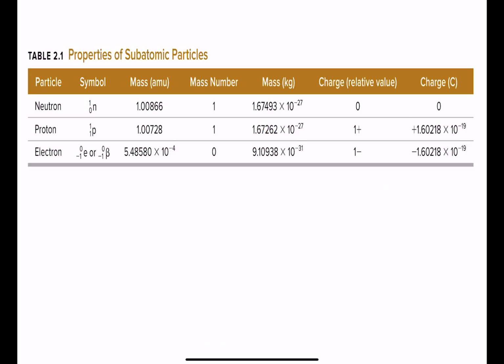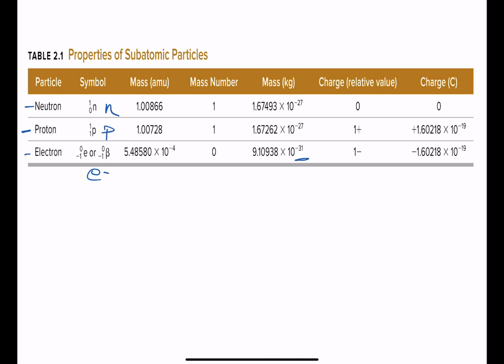So here's a summary table of this information. We have neutrons, given the symbol N, protons, given the symbol P, and electrons, given the symbol E or E minus. Protons have a mass number of 1, as do neutrons.